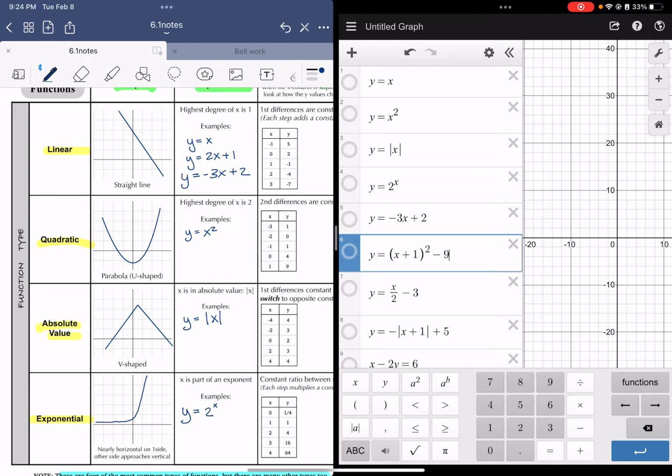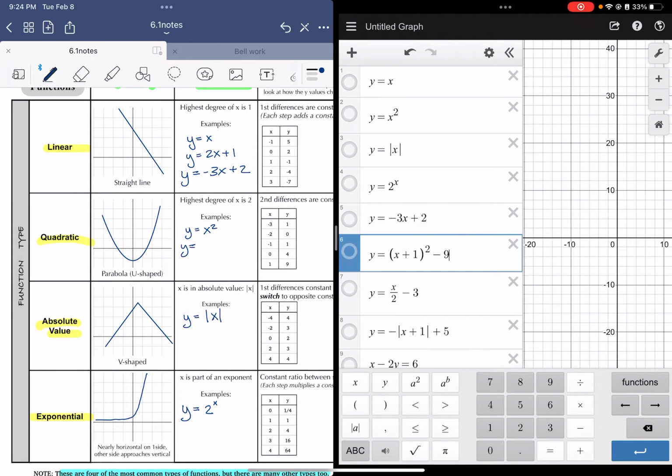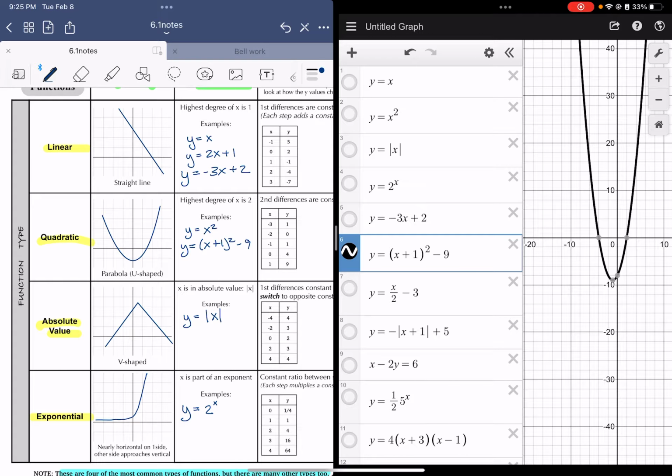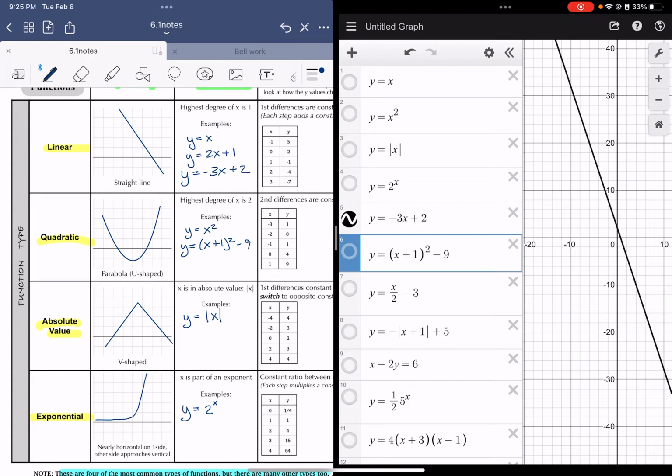So that means it's going to be a quadratic, and you should hopefully recognize that as a quadratic in vertex form. So let's put that in our quadratic box. Oh, and I was going to show you these after we decided what they were. So that one, yes, is a quadratic, and that first one, yep, was linear.